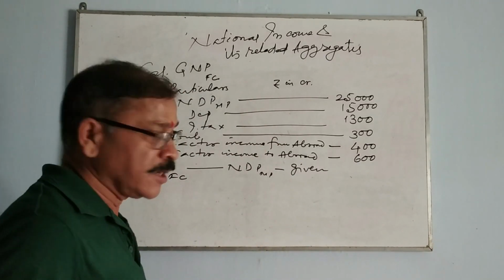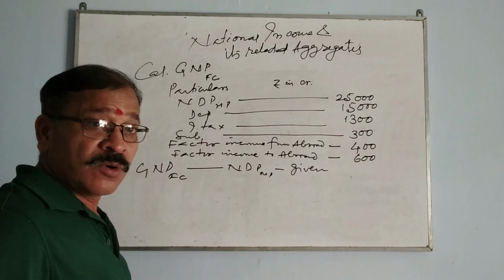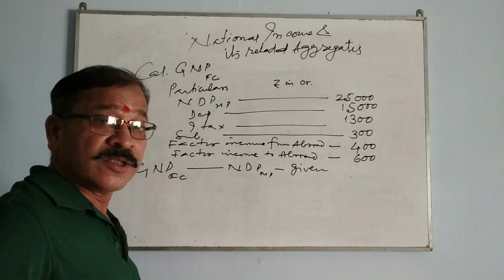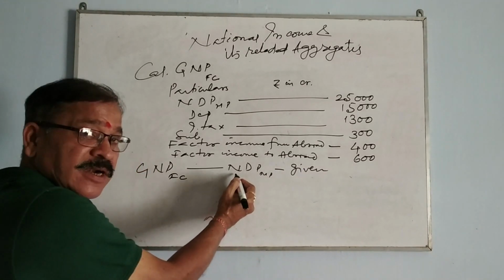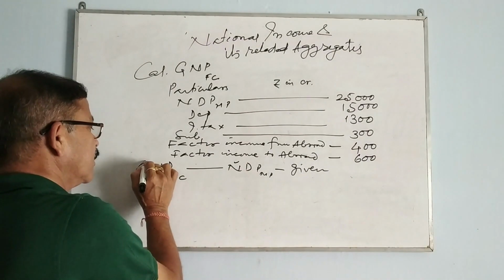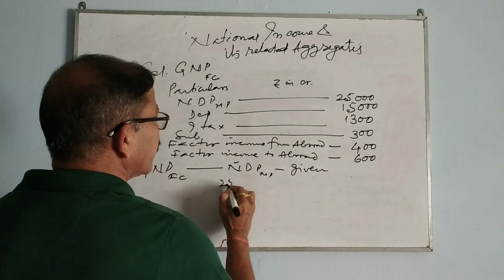Now, as I told you, you have to observe the letters and accordingly derive the formula. So net is given, right? You have to find out gross.